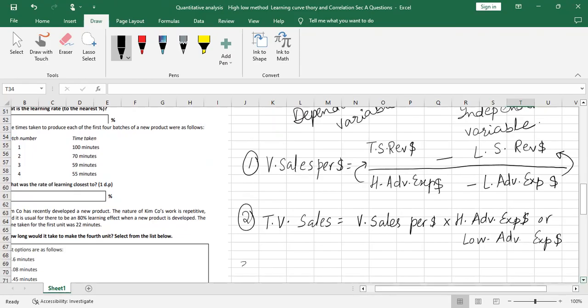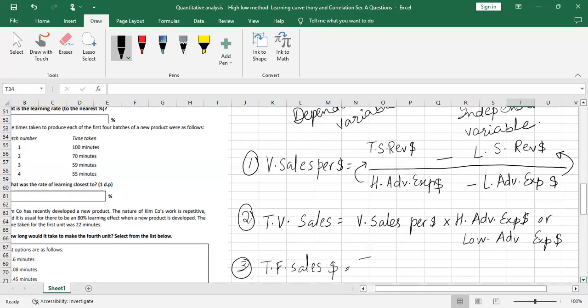And the third step is the same, which is to calculate total fixed sales. This time you are not calculating total fixed overheads. You are calculating total fixed sales, because there will be a certain amount of sales which remains fixed. It will not fall or rise or vary with the level of advertisement expenditure.